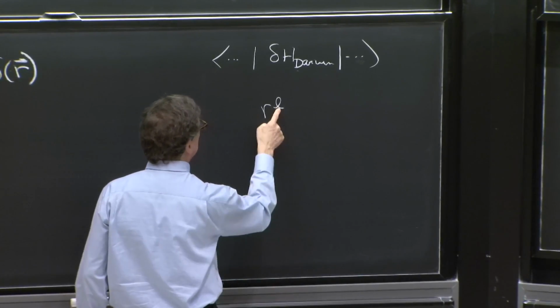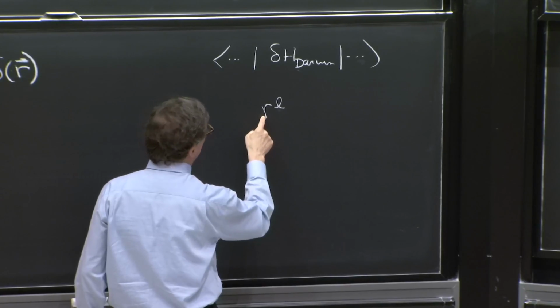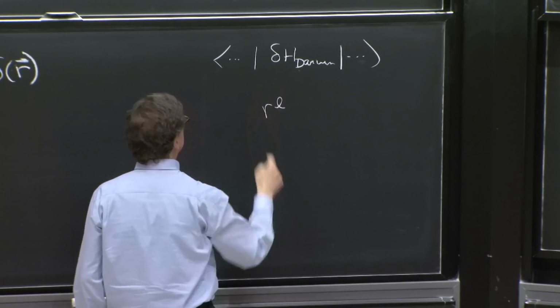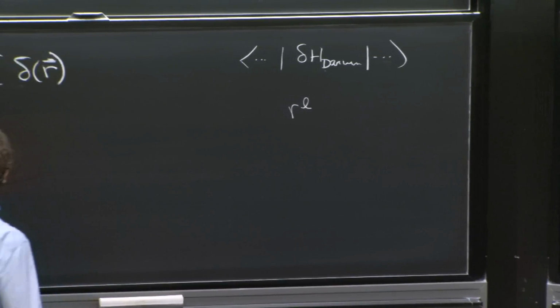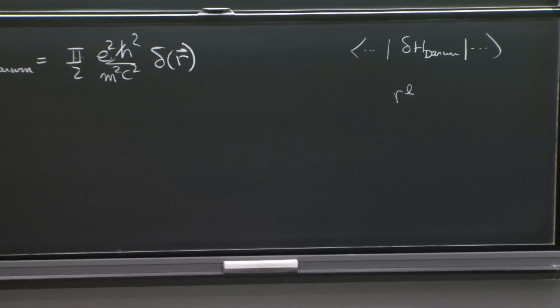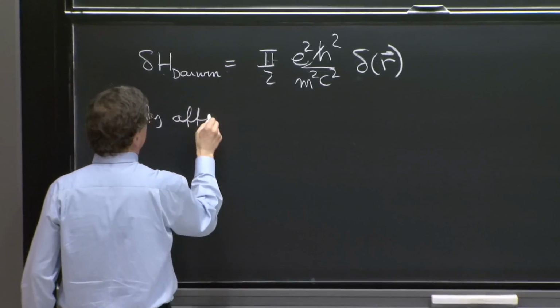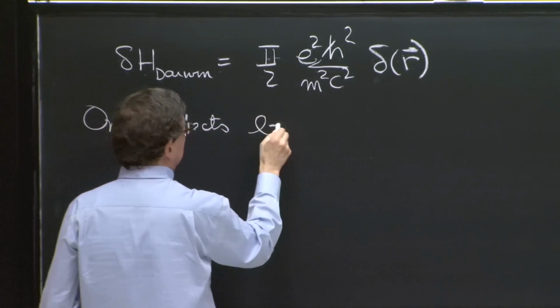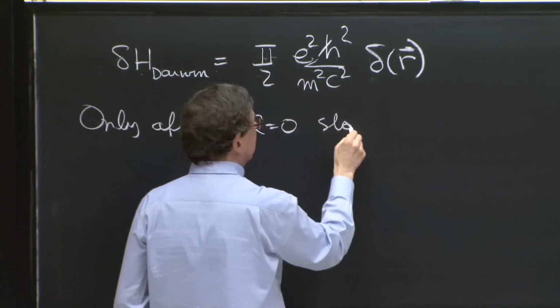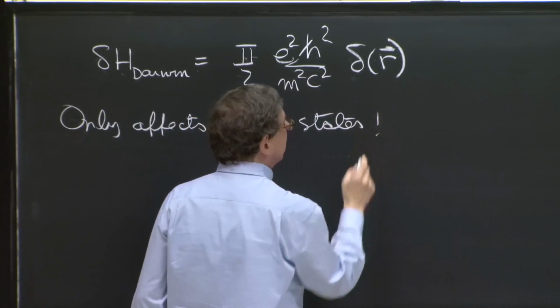So for L equals 0, that goes like 1, a constant, and you get a possibility. So this only affects L equals 0 states. That's a great simplicity.